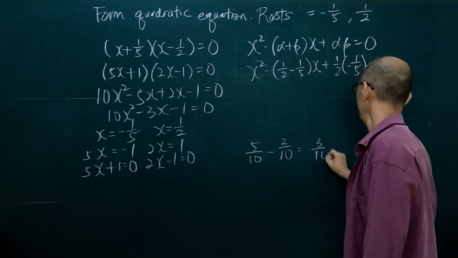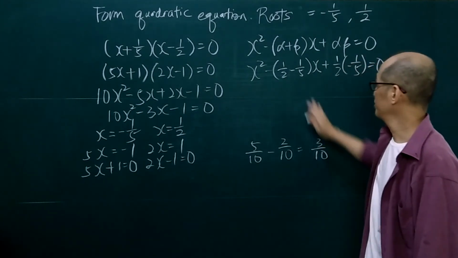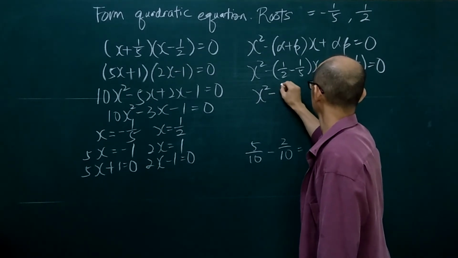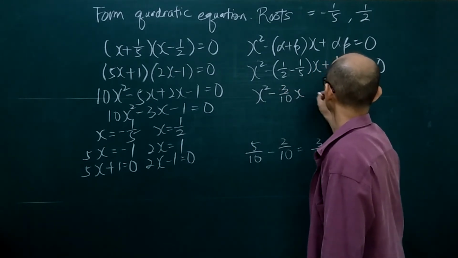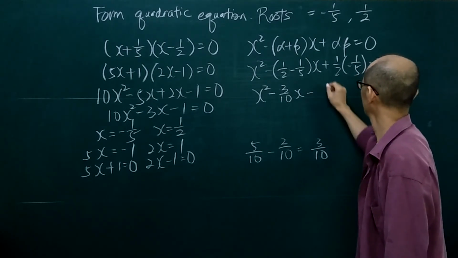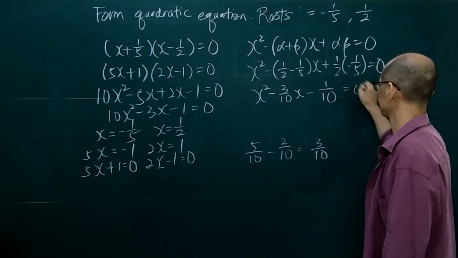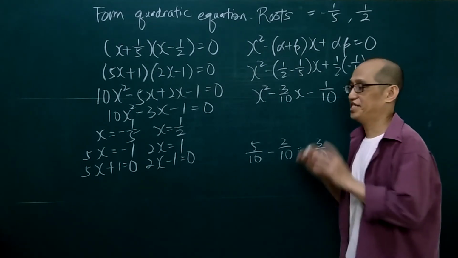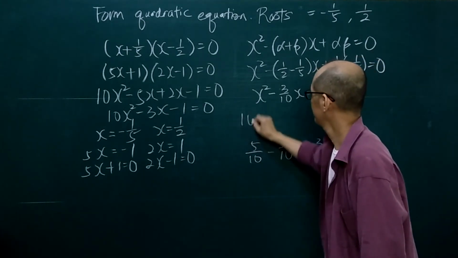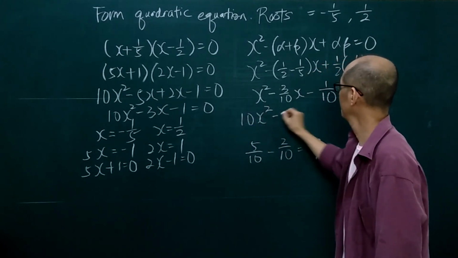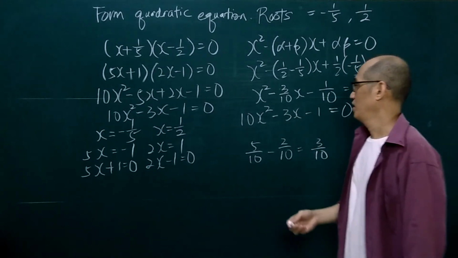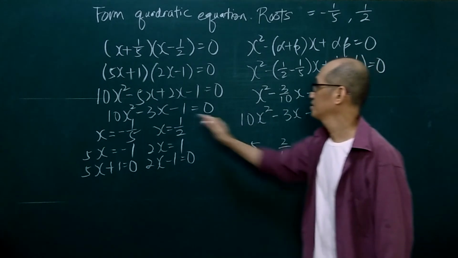We get 3 over 10. So we substitute this one into here. Two times negative 5 is negative 10. Next, we multiply both sides by 10. And we get 10x squared. See, this answer is the same as this one here.